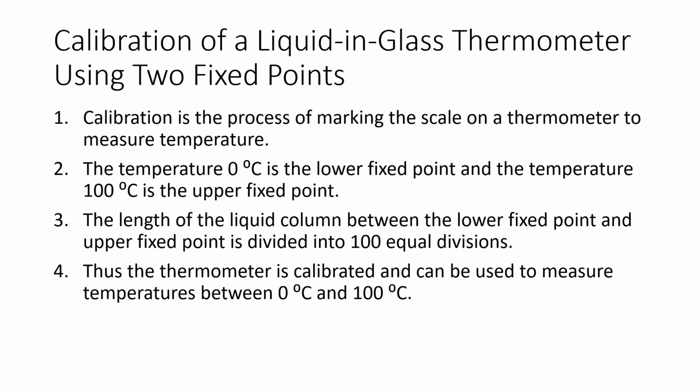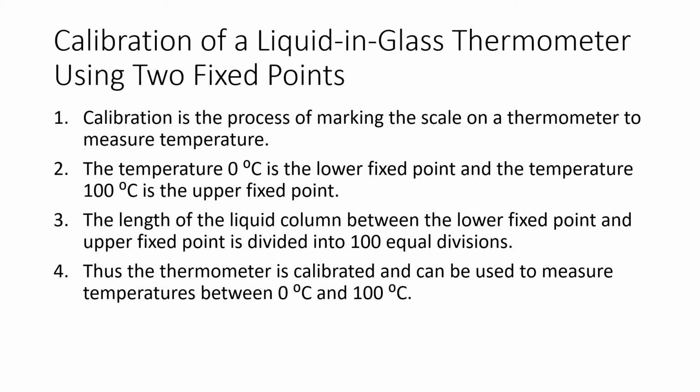Let's discuss calibration of a liquid-in-glass thermometer using two fixed points. First, what is calibration? Calibration is the process of making the scale on a thermometer to measure temperature. The temperature 0 degrees Celsius is the lower fixed point and the temperature 100 degrees Celsius is the upper fixed point.